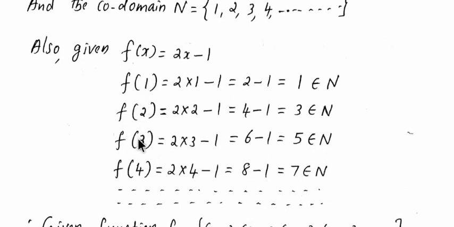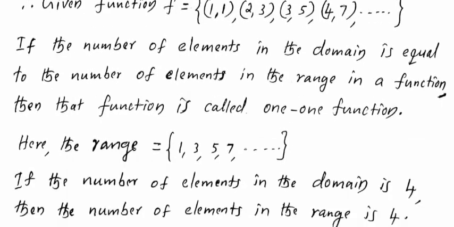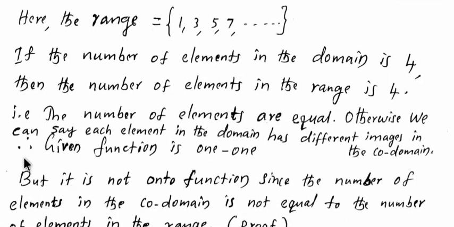If the number of elements is 4, then the number of elements in the range is 4. If it is 5, we get 5 elements. If it is 10, we get 10 elements. That means the number of elements are equal.